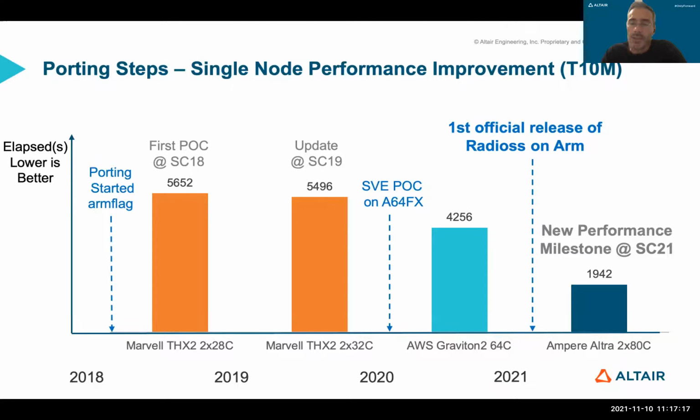And later on in 2021, in fact a few weeks before this conference, with the help of our ARM team, we were able to test a new platform, which is the Ampere Ultra. And it's very interesting because here in single node, we see that the performance increased by more than a factor of 2, I think, compared to the previous results on the Graviton 2.